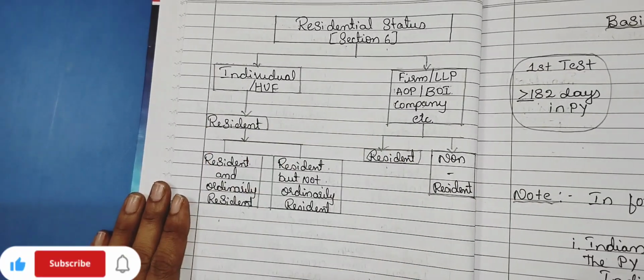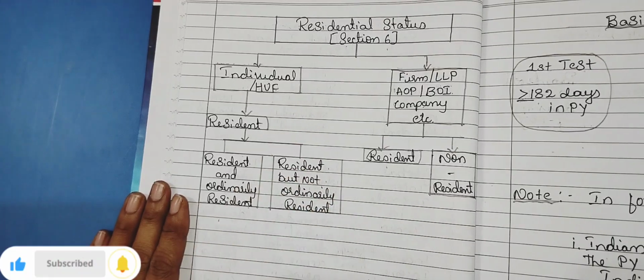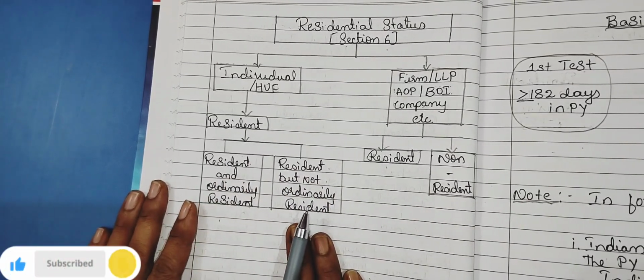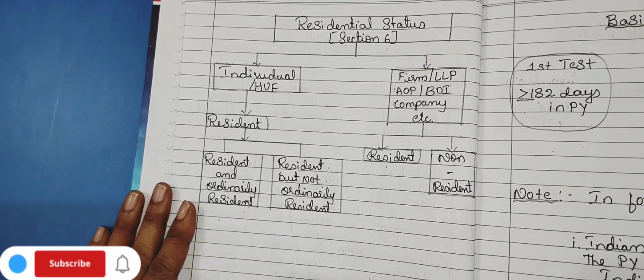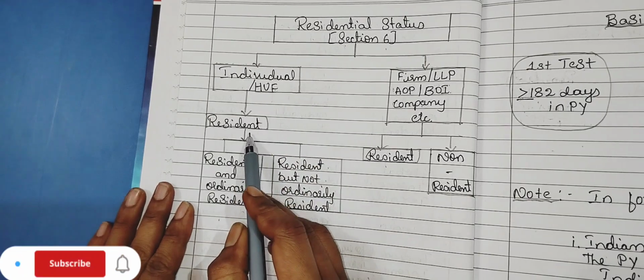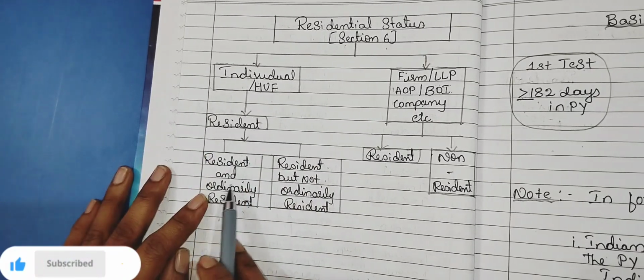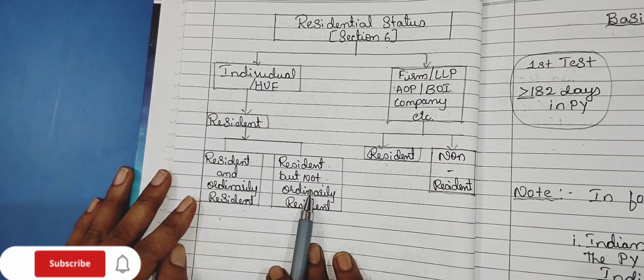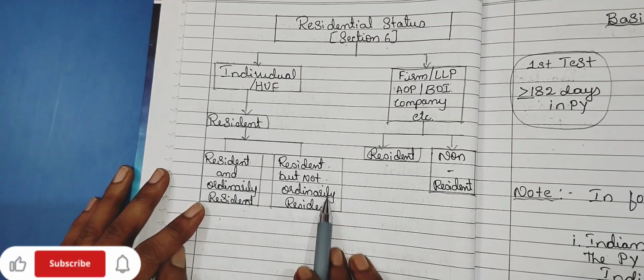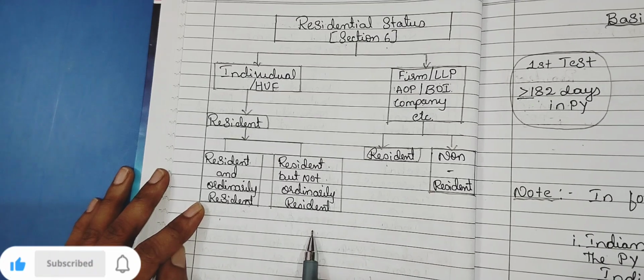Mainly you are calculating for individuals and HUF. For HUF, the Karta, head of the family, for him you are calculating the residential status. So here the resident is subdivided into two: resident and ordinarily resident, and resident but not ordinarily resident.